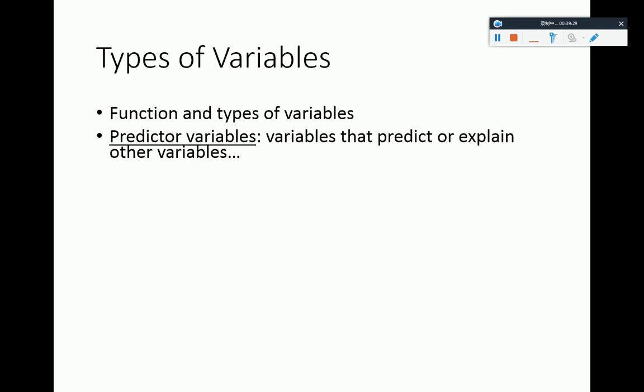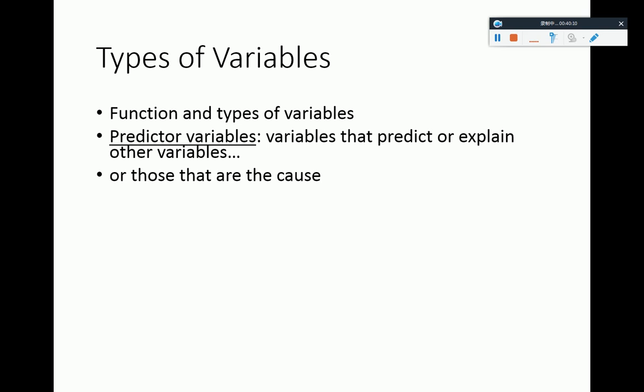So the first kind of variable that we have, once we focus on their function, is predictor variables. As the name itself implies, predictor variables are variables that predict another variable. In some cases, it also means variables that would explain a second variable. Later on, we'll also talk about causality, right?